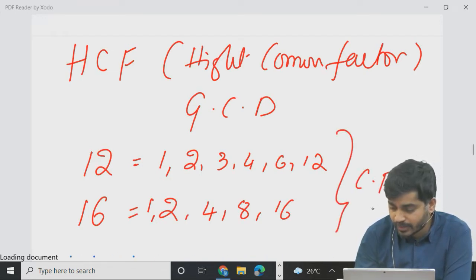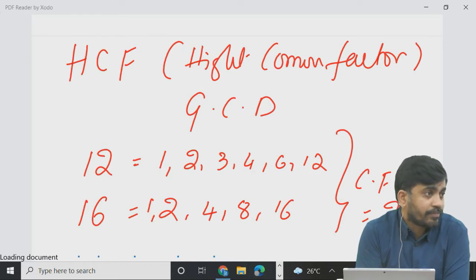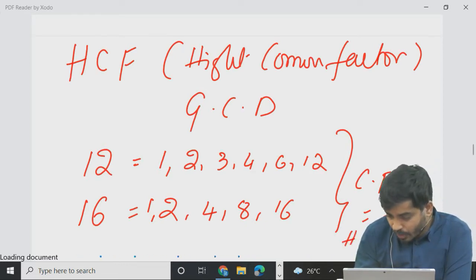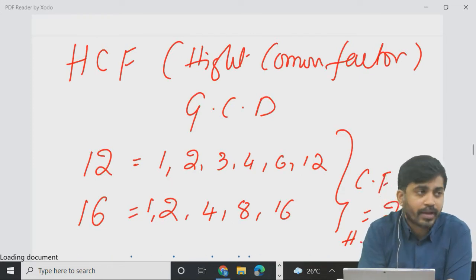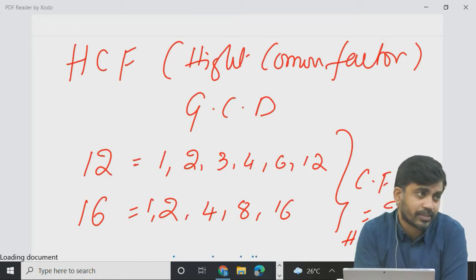Common factors are 2, 4. The highest, the greatest one, out of 2 and 4, 4 is the highest one. This is called the highest common factor for 12 and 16.